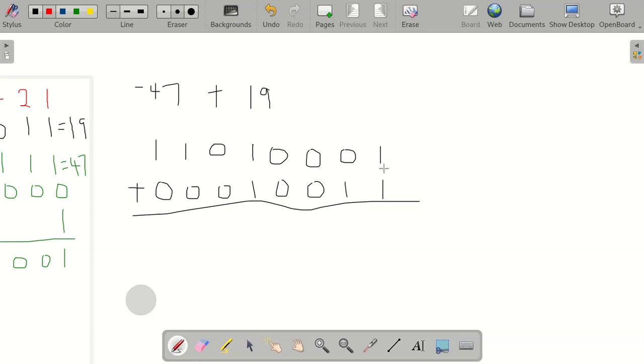1 plus 1 won't say 2. Here we'll put a 0 and we'll carry a 1. Here is how it works. If you have 1 plus 1, normally your answer is 2. Now remember binary uses base 2.